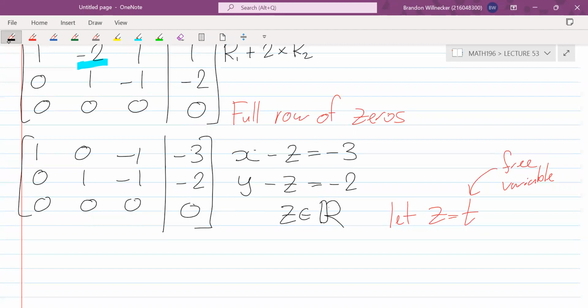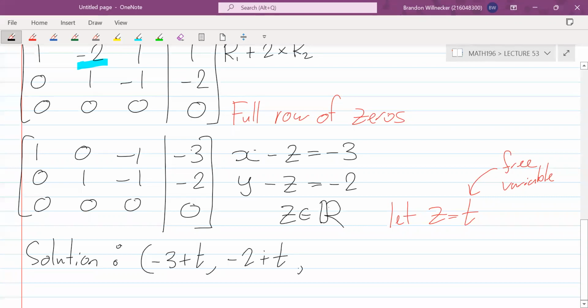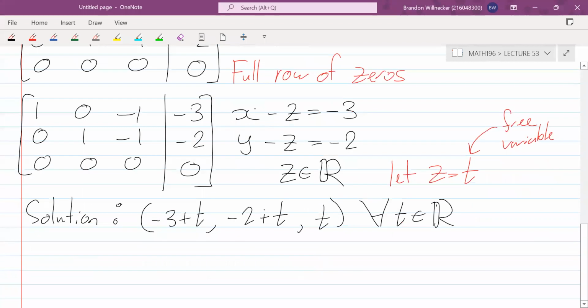However, if we write it like this, then the solution becomes, so x is going to be minus 3 plus z, or with the renaming, it will be minus 3 plus t. Y is going to be minus 2 plus z, or minus 2 plus t with the renaming, and z is just going to be t with the renaming.